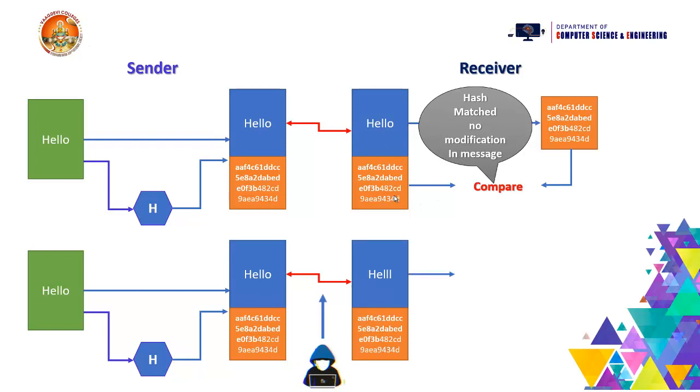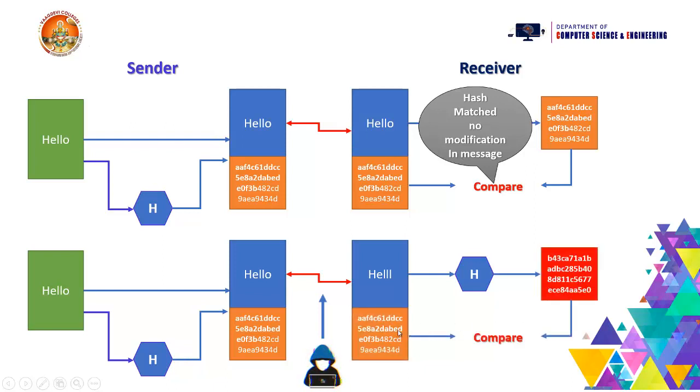The receiver applies this message to the same hash function h. It will generate a hash value. After generating the hash value, the generated hash value and received hash value are compared. Now see, these two hash values are different. This hash value starts with AAF and this hash value starts with B43.